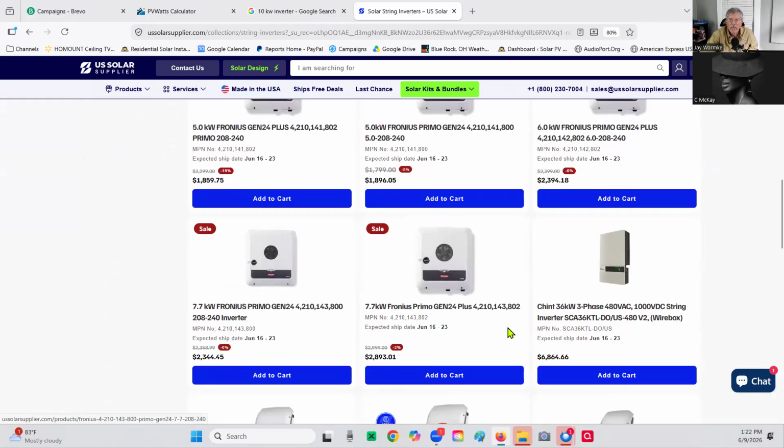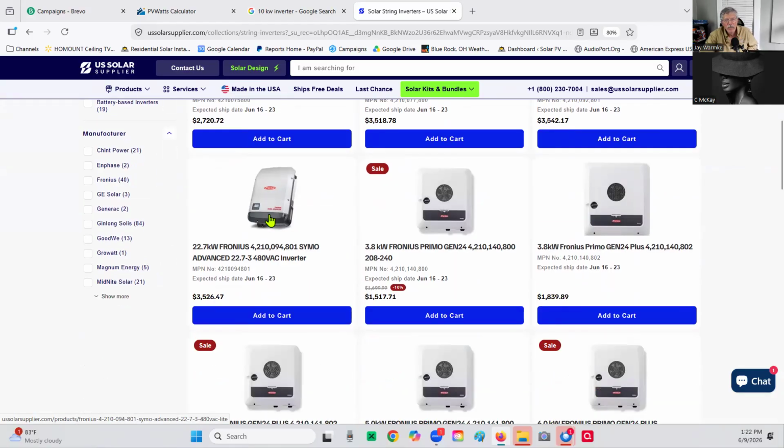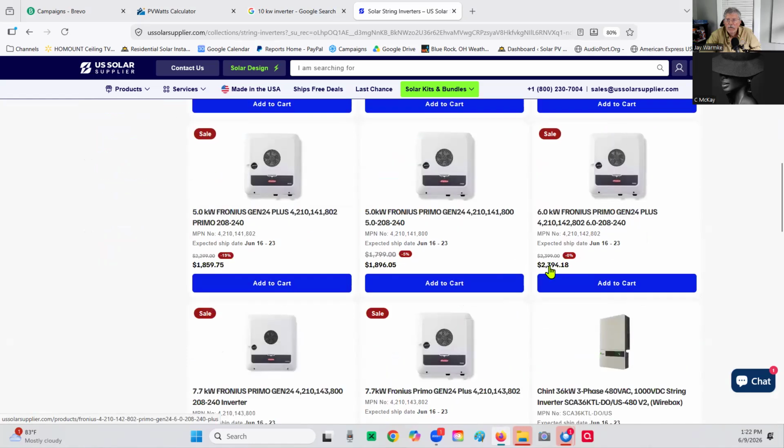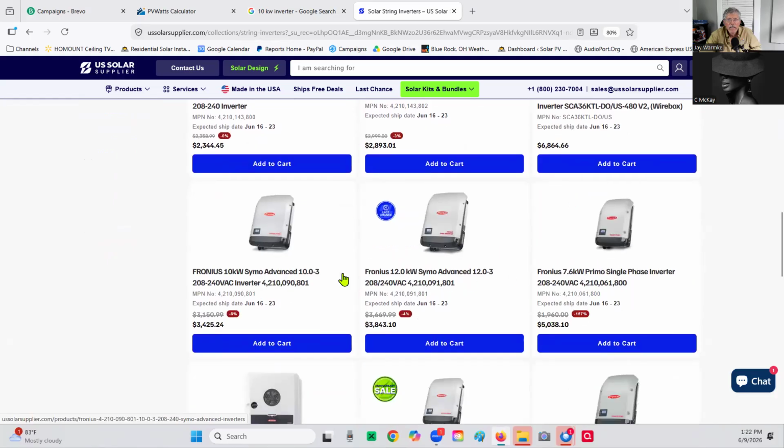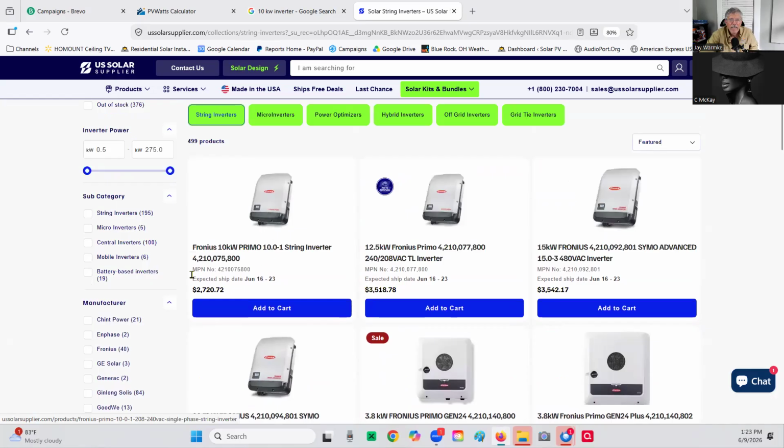So 2,300 bucks for a 7.7. Notice the 2,300 may not be all that different than the $2,700 for the 10 kW. 3.8 is much cheaper, but 3.8 is going to be too small. So looking at these prices, I would be tempted to go with the 7.7, and I'll show you that in clipping here in a minute. But the price difference between a 7.7 and a 10 is just not that great.